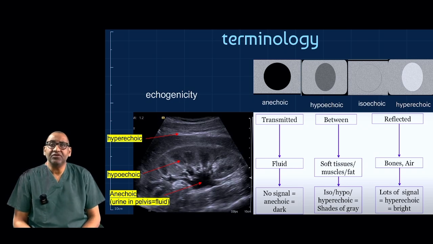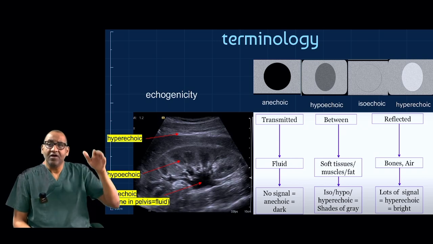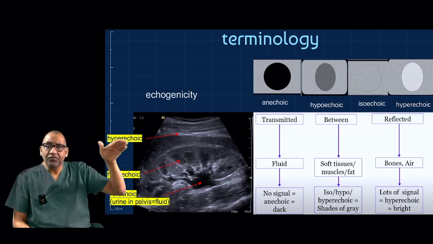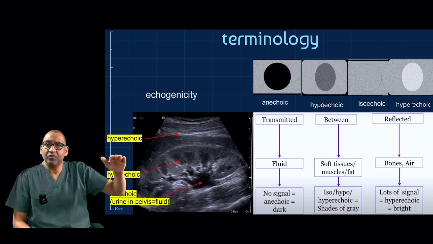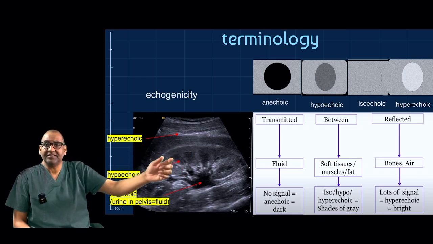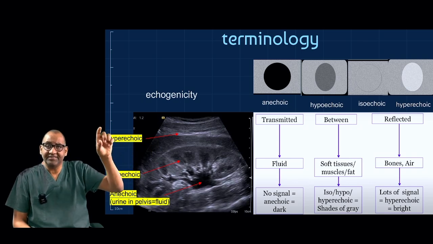There are definitions that you need to know about. Anechoic is when the wave goes through the medium or substance. For example, if there are fluids, there will be no reflections. That's why it will be interpreted on the image as dark black.